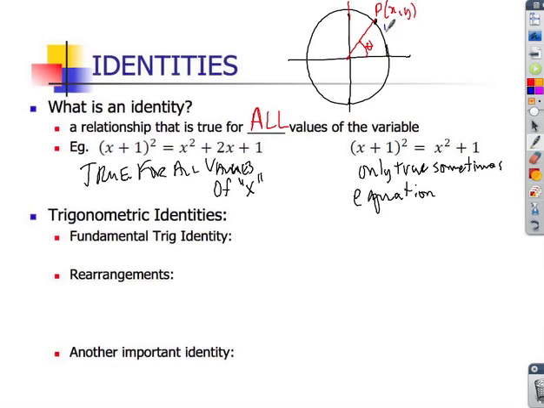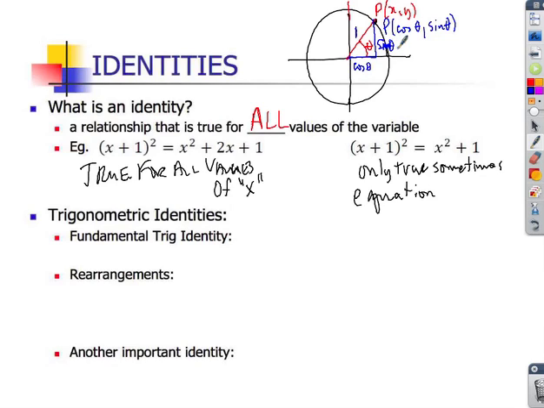And remember that we also identified the point P with the sides of the triangle: the x-coordinate is cos theta, the y-coordinate is sine theta, and if it's the unit circle, the hypotenuse is 1.